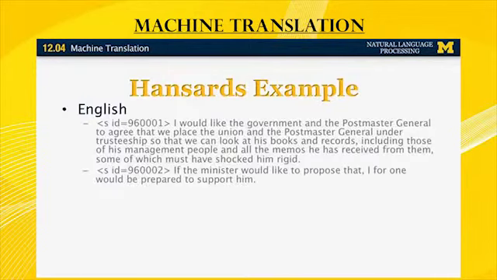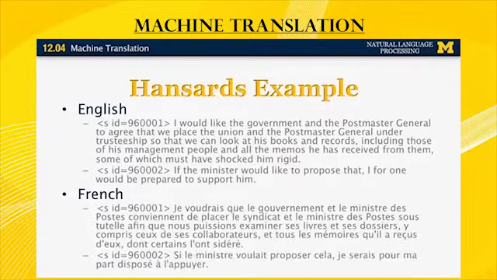The Hansards, here's an English paragraph, 2 sentences, and their translations in French. So I'll just give you an example of words that are aligned here. So government in English appears as gouvernement in French. So that's a fairly straightforward example, which also forms a cognate, or the two words have the same historical connection.